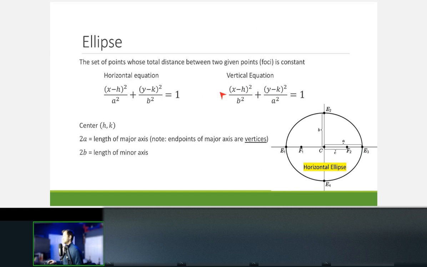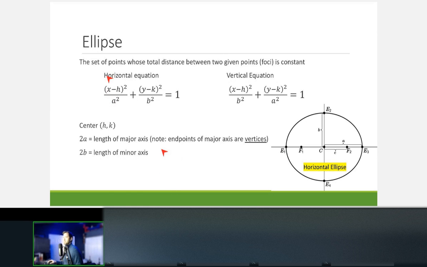What is the difference between these two equations that you see? Yeah, the denominators are switched. A and B. The only difference between the horizontal and vertical is the location, AB versus BA.